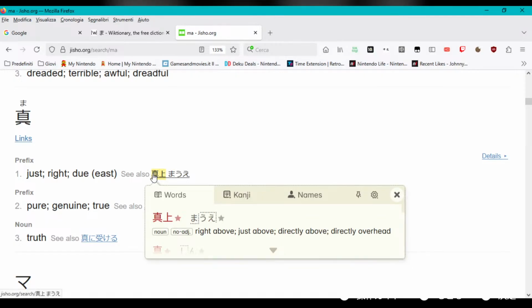For example, maue, right above, just above, directly overhead, because ma is combined with ue, which is up above.